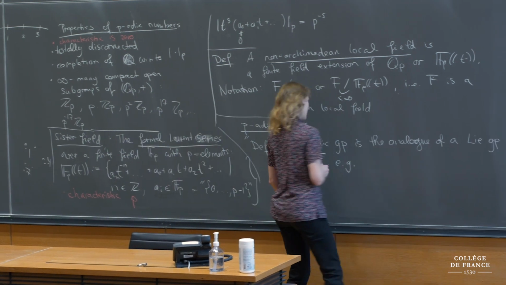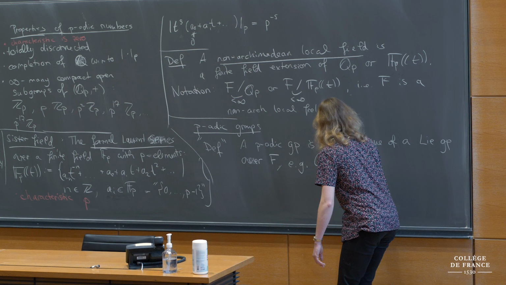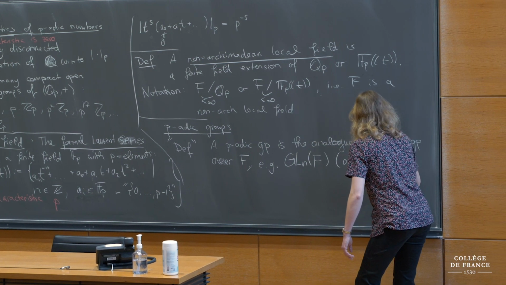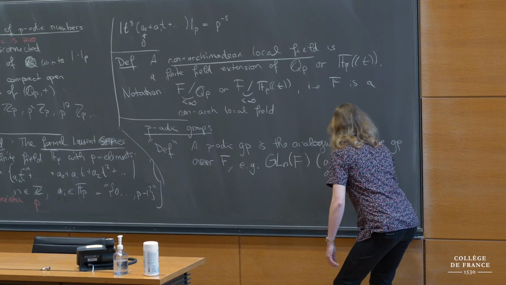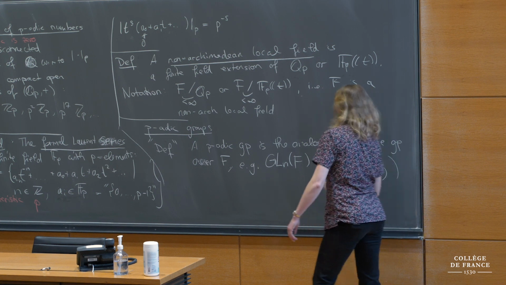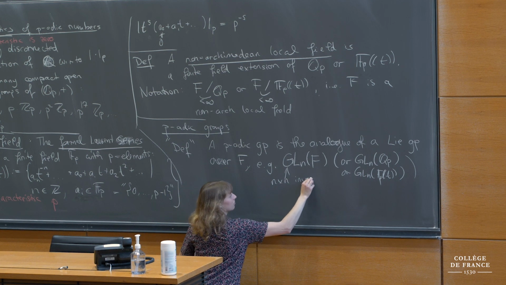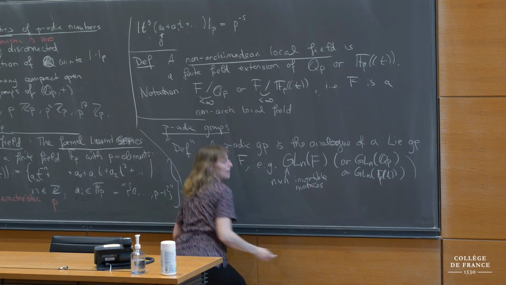So for example, we can use GL_n of F, or a sub-example would be just GL_n of Q_p, or GL_n over these Laurent series over a finite field. So GL_n means n by n invertible matrices. So that's something rather explicit.